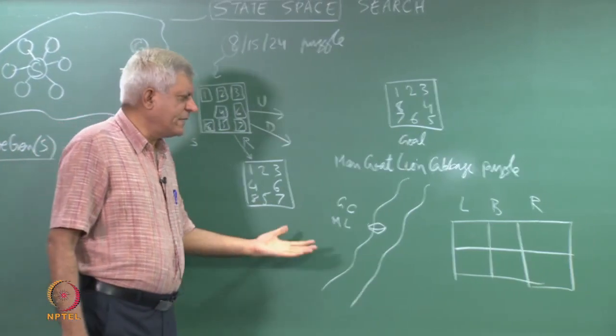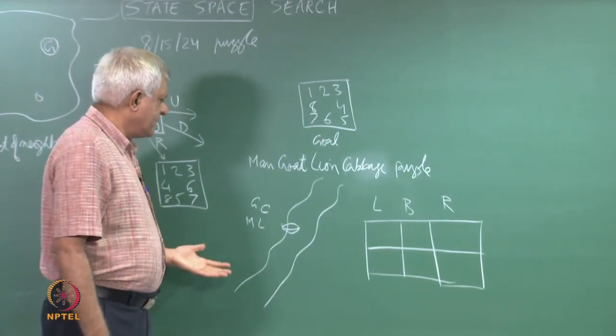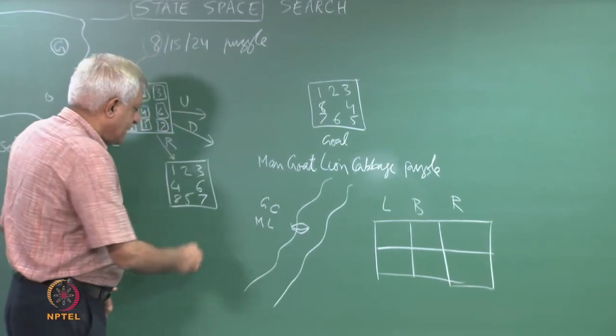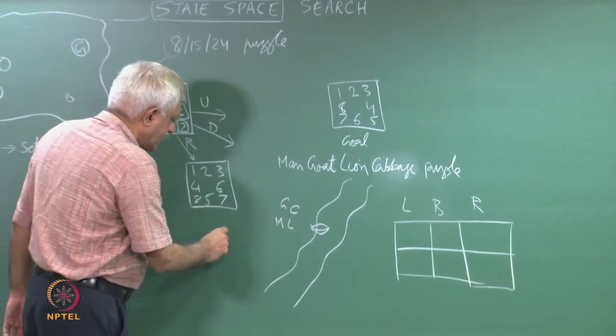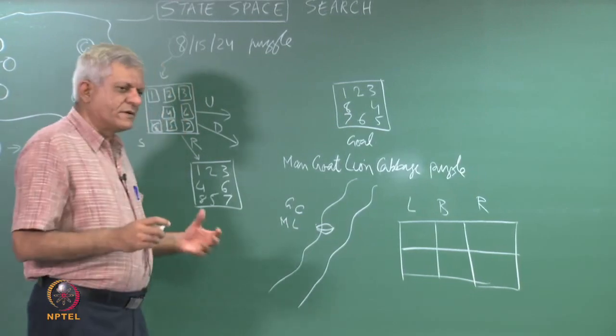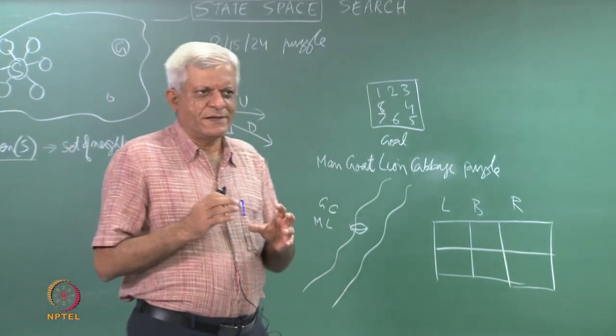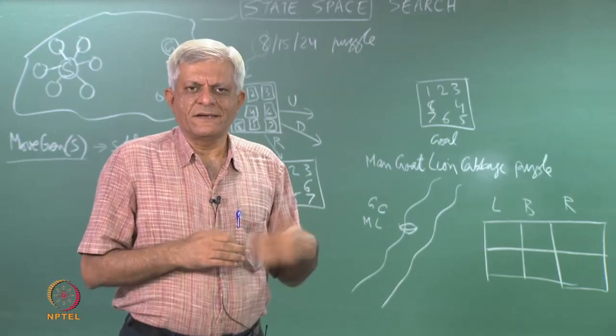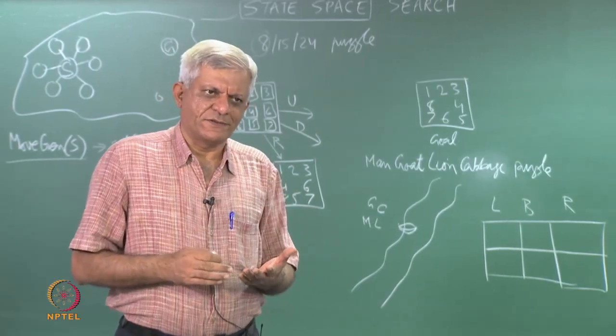So, let me make another suggestion, which is that I have a list of 2 lists. The first list contains things which are on the left bank and the second list contains things which are on the right bank. So, I could choose that.